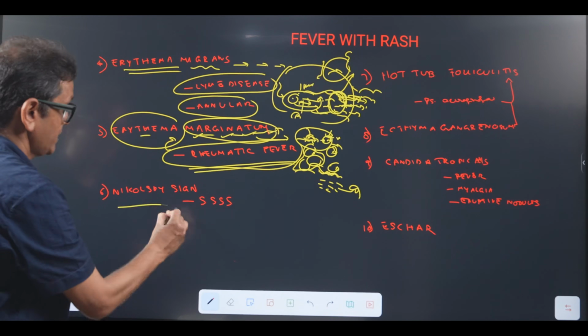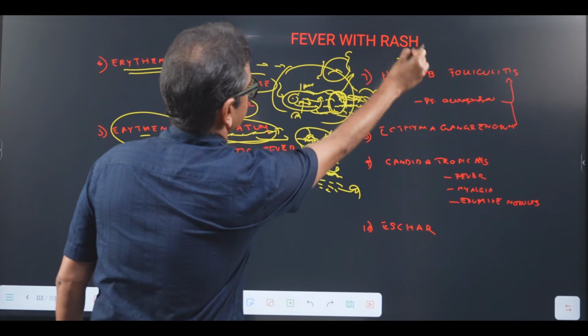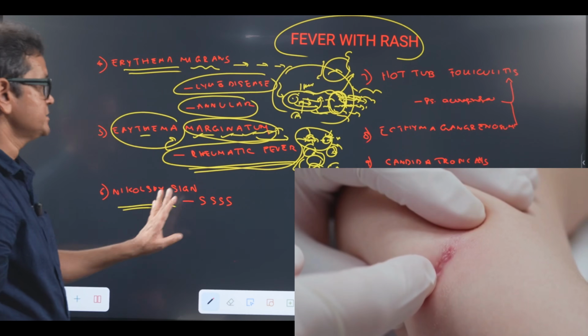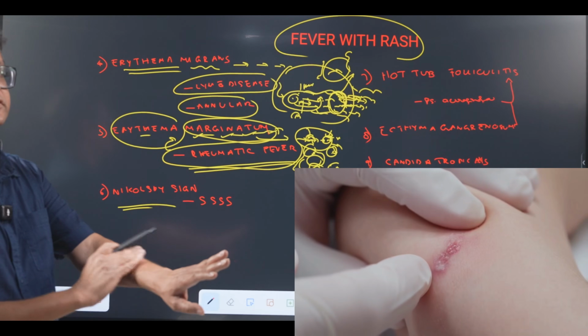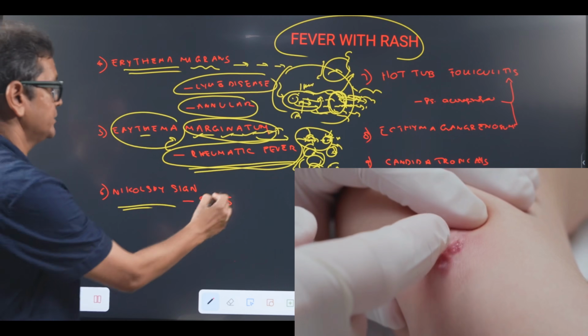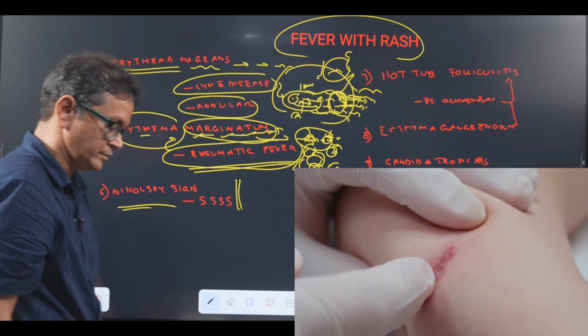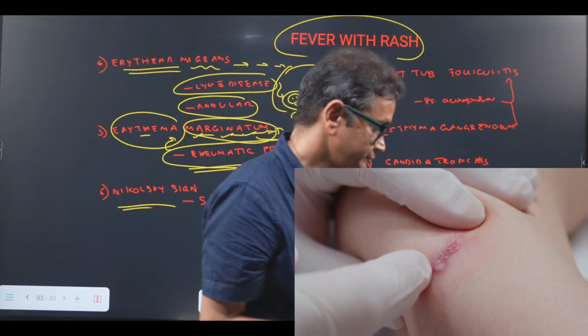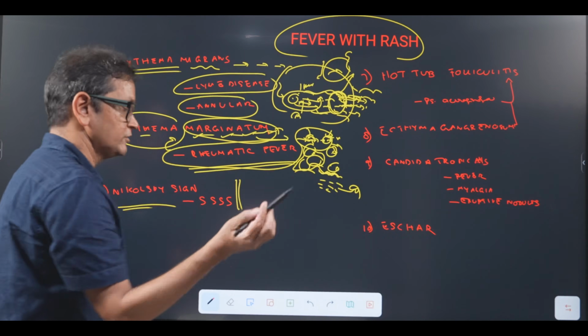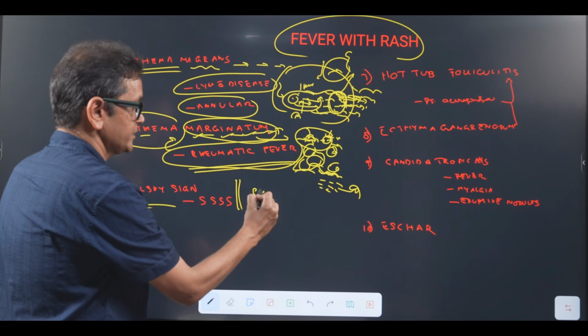Next one, as far as fever and rash is concerned, is Nikolsky's sign, meaning sliding skin. You can encounter it classically in non-infectious etiologies like pemphigus, that is different.